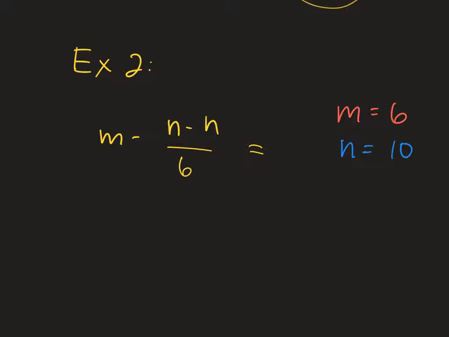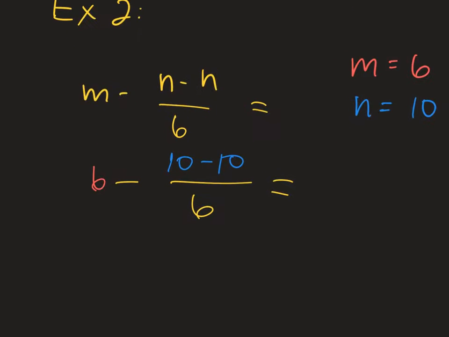So m is going to be 6, minus 10 minus 10, right? Because both ends, divided by 6, which equals some number. Okay, and here we go. You could do this many ways, but I like to do it where my variables, or my letters, are first. 10 minus 10 is going to give me 0, obviously.